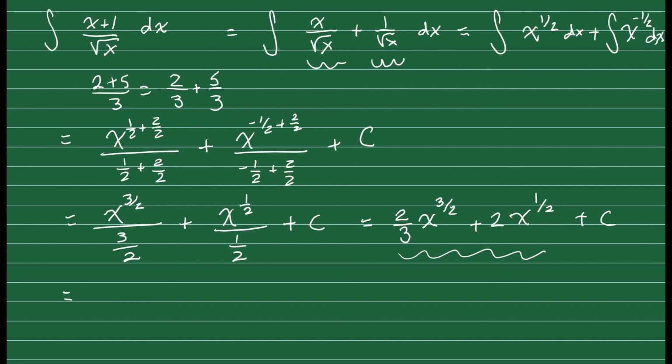So this is equal to 2/3 x to the 1/2 times what? Well, x to the 1/2, what do I need to get x to the 3/2? I need an x to the first power. Plus, I already have the 2, so I just need a 3. And plus c.